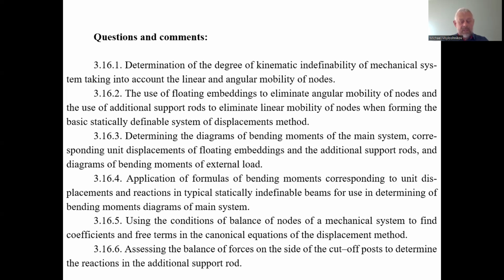3.16.6, assessing the balance of forces on the side of the cut of posts to determine directions for the additional support rod. We consider the balance of forces because the transverse forces acting on the rod of the mechanical system have the projection directed to the point of the considered force of displacement of the extra supporting rod.